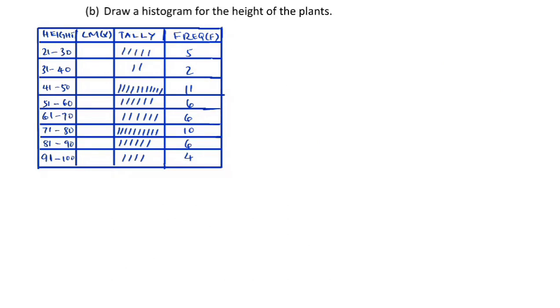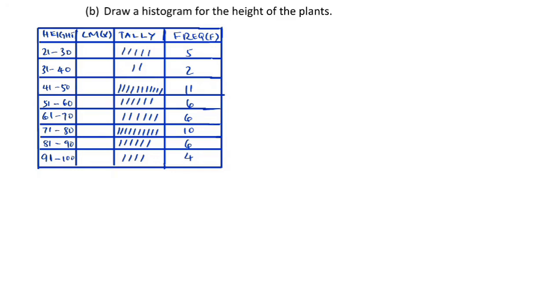Part B of the question, we are supposed to draw a histogram for the height of the plants. Okay, so we know that a histogram is a rectangular bar graph and it is drawn by frequency against class mark.